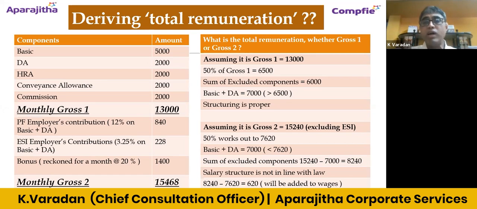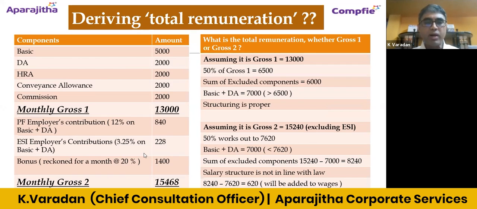Assuming that gross 1 is meant as remuneration, that is 13,000, then 50% of gross 1 will work out to 6,500, right? But the sum of excluded components, HRA, conveyance allowance, commission, those are all excluded. That is only 6,000, which is less than 50%. So this is in order. I would say, as per the new definition, this structuring is proper, right?